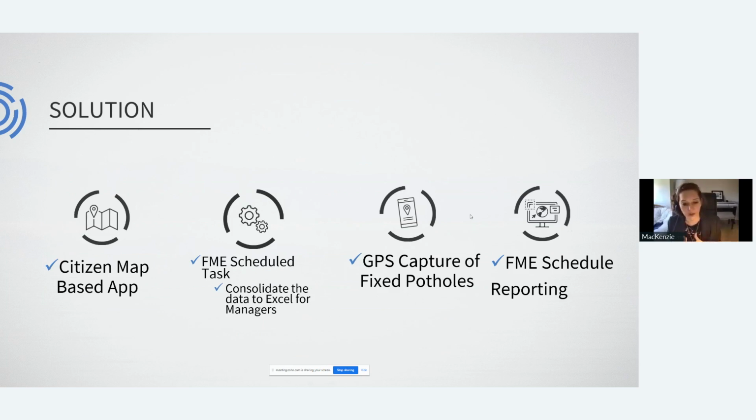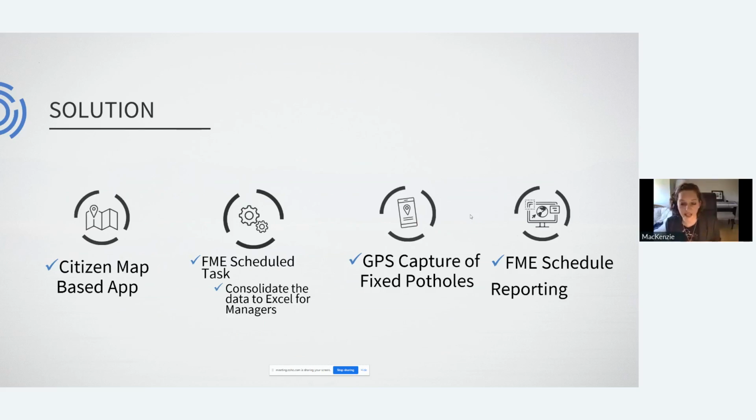And they're using FME scheduled tasks to consolidate the data on the back end, based on the citizen map and the GPS captured map, to be able to provide back a map of where potholes have been repaired and also where work is assigned.